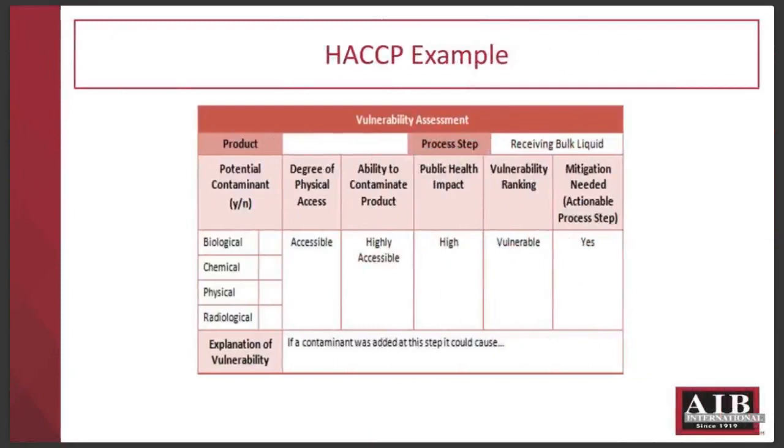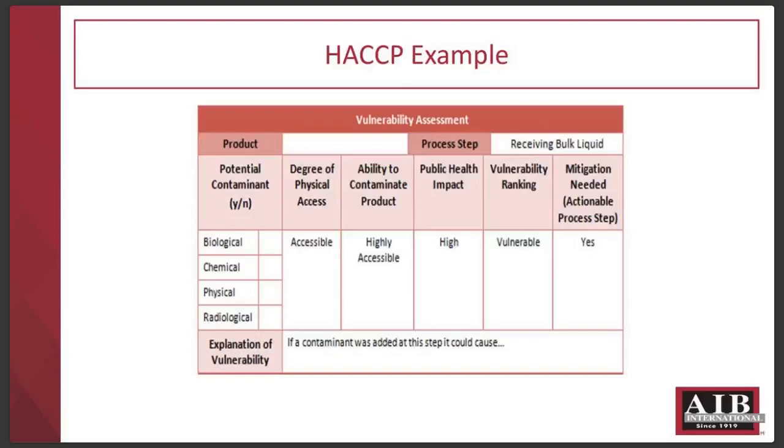Now, this is an example of a HACCP style assessment that covers the requirements of the vulnerability assessment as the FDA dictates it. So as you can see on the left-hand side of this, you have your contaminants listed. So biological, chemical, physical, radiological, because that's what you're required to evaluate during food defense.